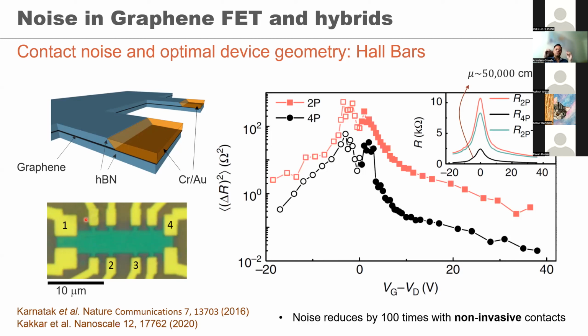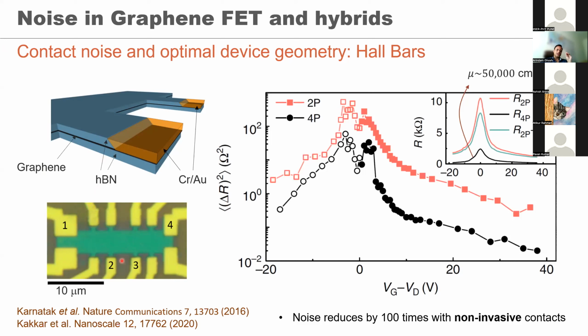So we need to improve the electrical characteristics as well to have the best optoelectronic functionality. We found that if the charge transport in the graphene layer interferes with the voltage leads or the current leads, it leads to noise.